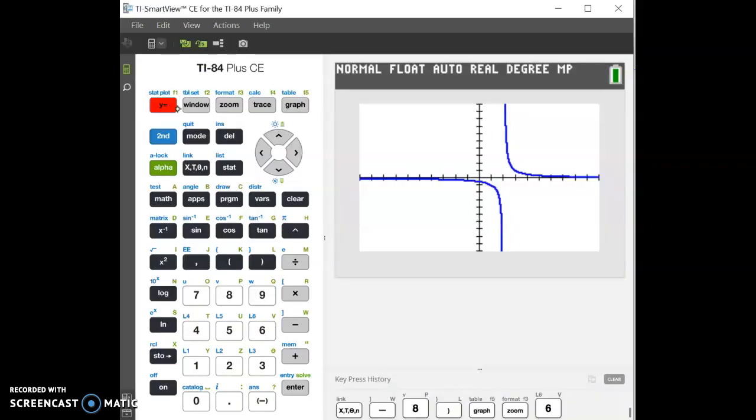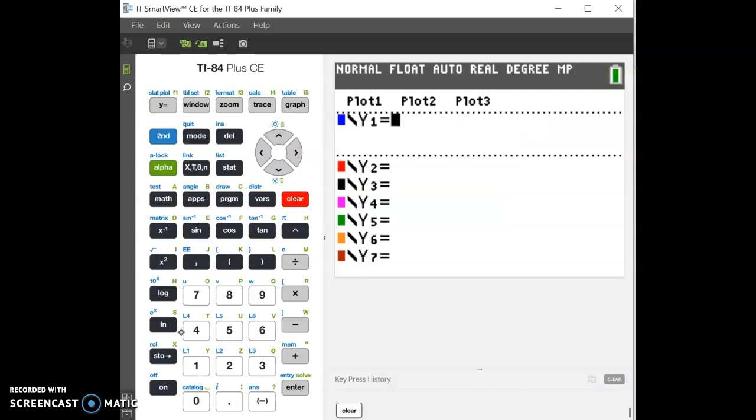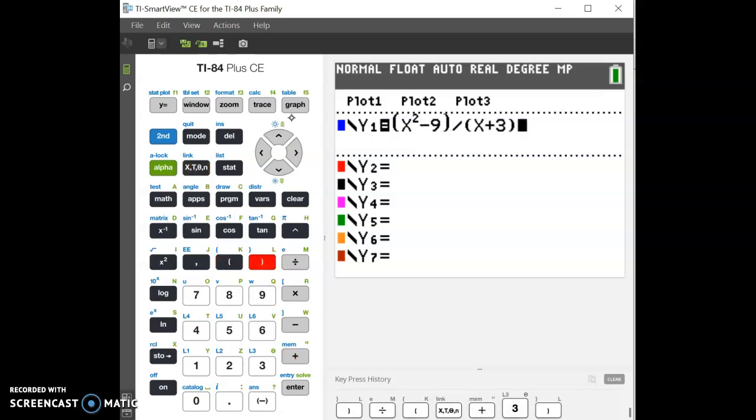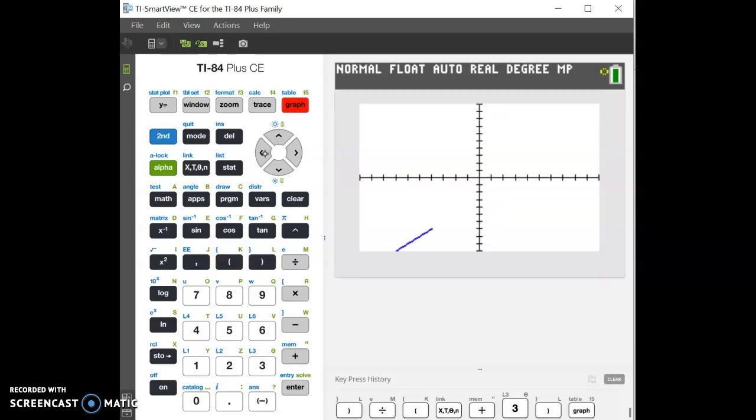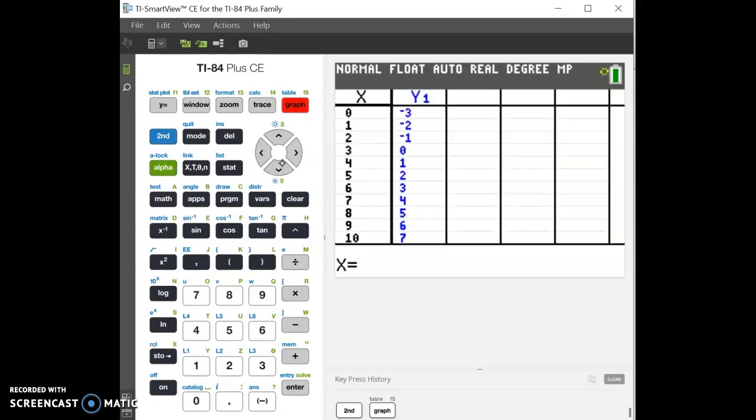Okay, so I'm going to go into y equals and just type it in and make sure I use parentheses. So (x squared minus 9) divided by (x plus 3). I think this one ends up looking pretty much linear, but we just have to know that there's a hole right here. Even though you can't see it on the graph, if you hit the table, you'll actually see it.